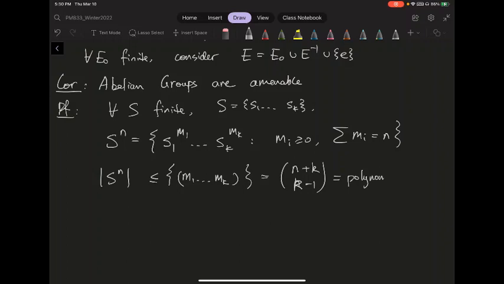Because you have a polynomial in n, when you raise it to the 1 over nth power, the limit is always going to be equal to 1. You can just take the limit, it doesn't even need a limsup. That's just going to equal 1 as n goes to infinity. So essentially, all abelian groups have to be amenable, just because these groups have sub-exponential growth.